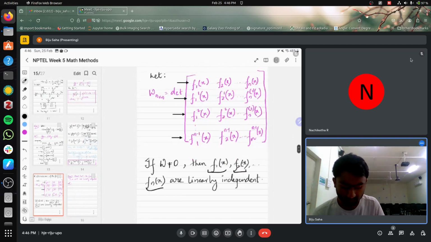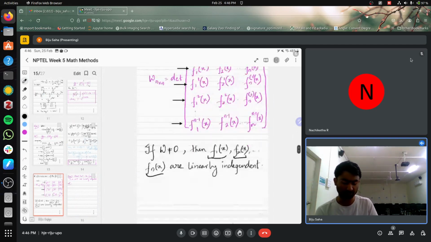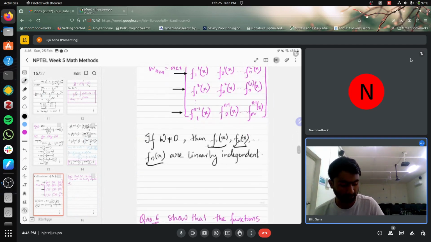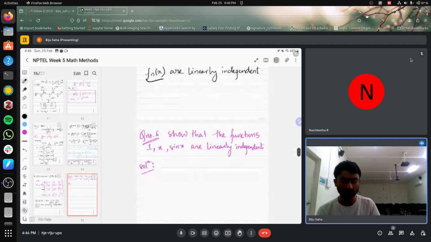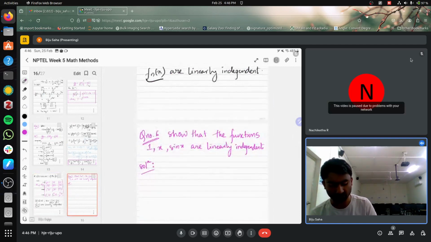If the determinant of that matrix comes out to be non-zero, then this set of functions is linearly independent. So let me directly go to a problem which applies this. We have to check whether this set of functions is linearly independent or not by the method of Wronskian.